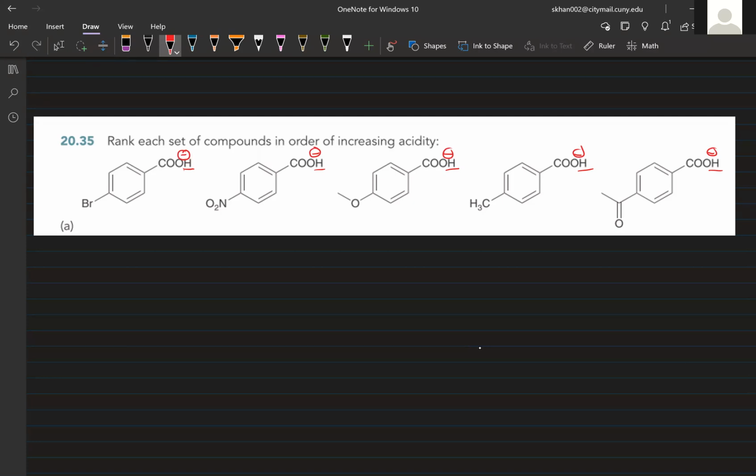Now we're really just judging the strength of the electron withdrawing groups. So out of all of these, I guess we'll rank 1 as most acidic. How many do we have here? 5. 5 is least acidic. Out of all of these groups, which one is the most powerful electron withdrawing group?